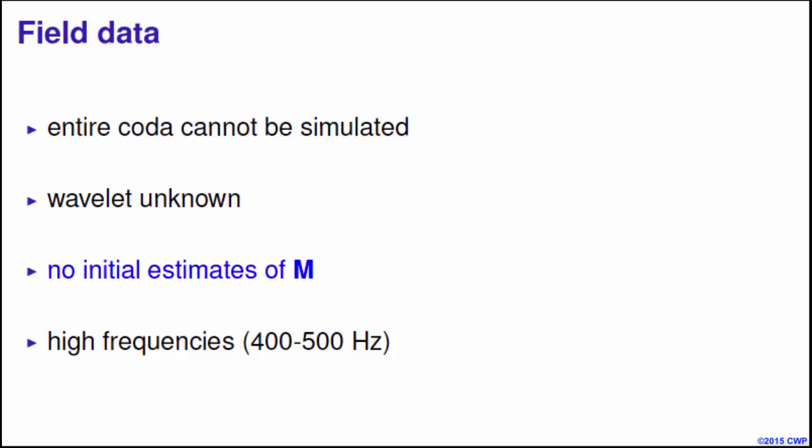And then the third issue is that we don't have initial estimates for the moment-tensor. So what we do is, in our elastic modeling code, we use a dislocation type source, and we modify the magnitude of this dislocation type source, such that the synthetic data produced by this dislocation type source has a comparable amplitude to the amplitude present in the observed data.